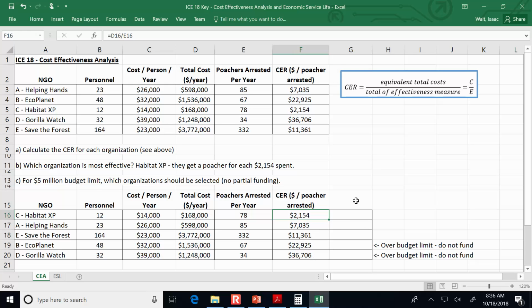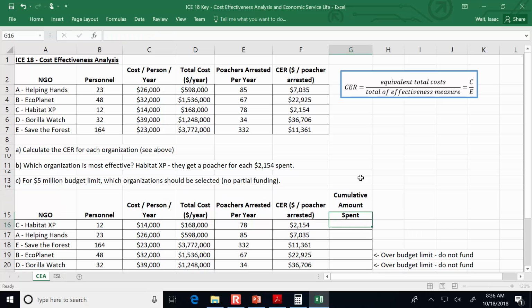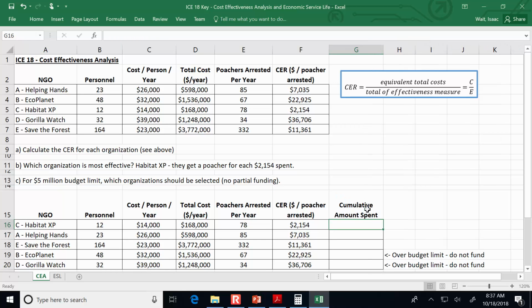And then my column here, which is the cumulative spent, for the first organization, it's just their budget for that year. For the next organization, it's the cumulative amount spent in the row above it plus the amount for this row.